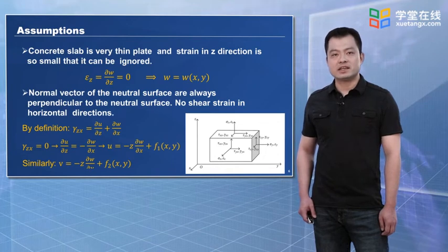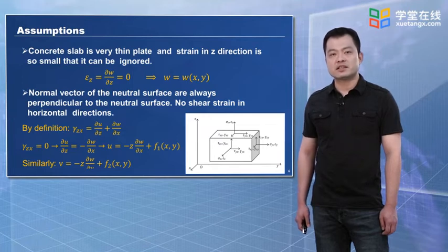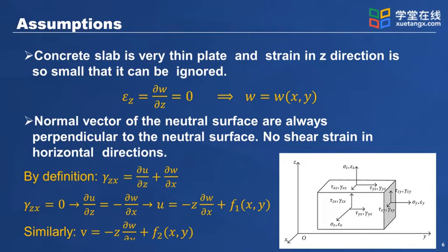Epsilon z is the partial derivative of w with respect to z. w is the displacement function in z direction. Because it equals 0, which means w is only a function of x and y, nothing to do with z.